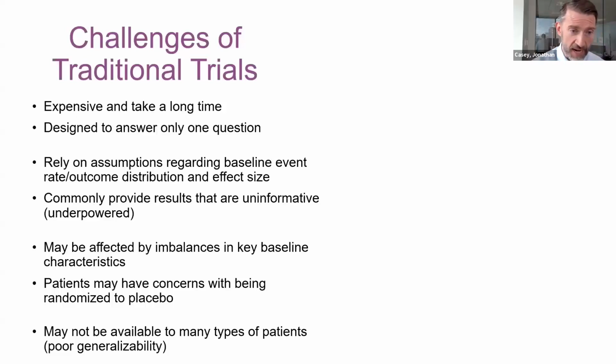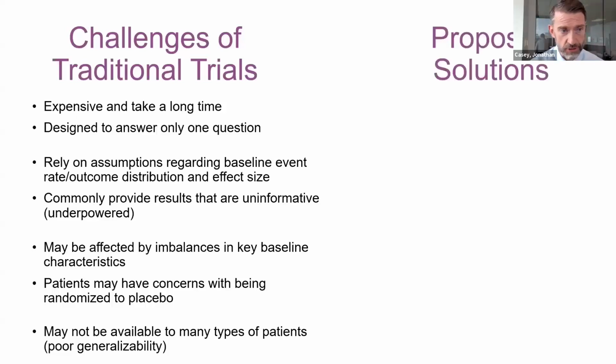They may be affected by imbalances in key baseline characteristics, and patients may have concerns about being randomized to placebos. And many trials have issues where there are patient types who are not included in the trial, and the trial results are poorly generalizable. And for each of these challenges, there are proposed solutions.